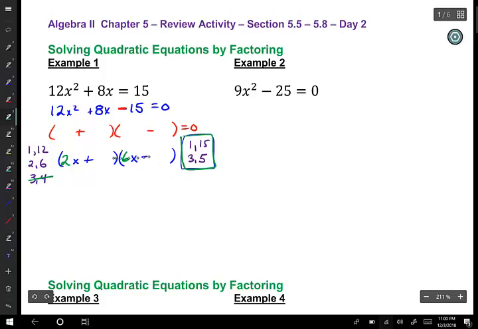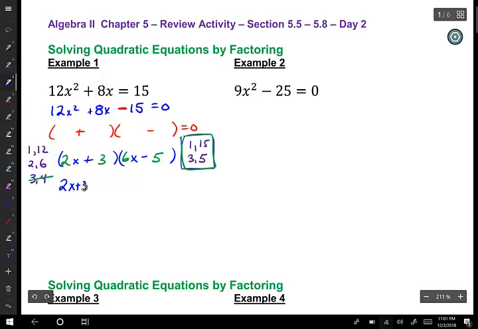So we're going to try the 3 in the front and the 5 at the back, and I'm going to try it now. So I have 18x in the middle. I have minus 10x on the outsides. There's my 8x, and so I've got my factors: 2x plus 3, 6x minus 5, and now I'm going to set them each equal to 0.